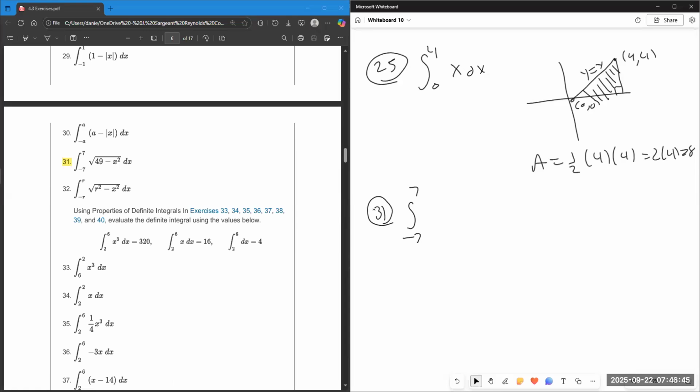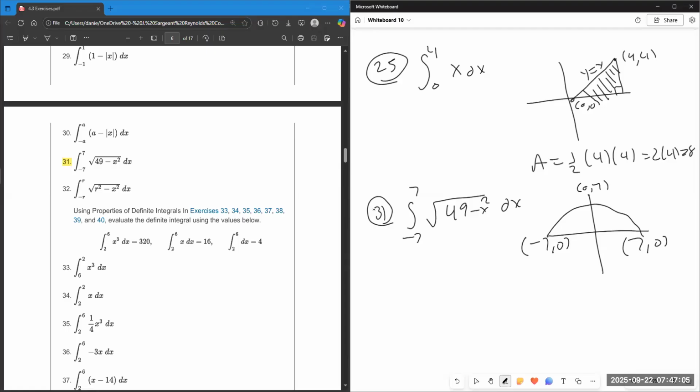Say that this is the top half of a circle of radius 7. So that area is going to be 1/2 of pi r squared. So that will be 49 pi over 2.